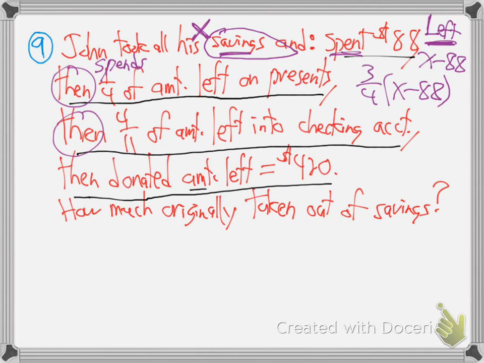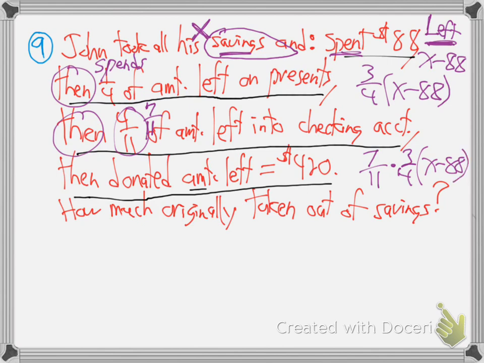Next, he spends 4/11 and puts it into checking. So that means he keeps 7/11. So the remaining amount is 7/11 times 3/4 times X minus 88.